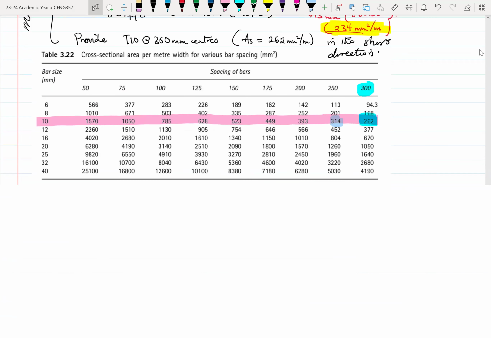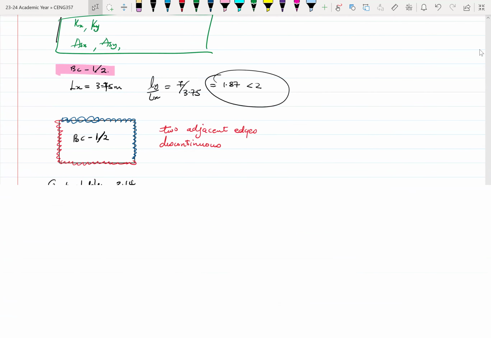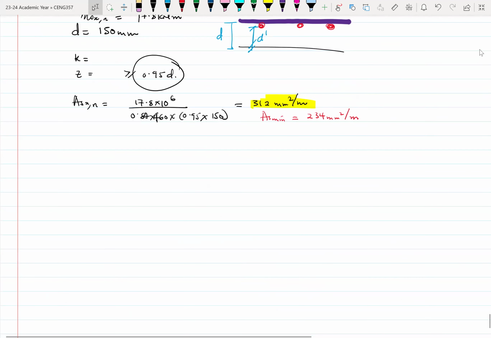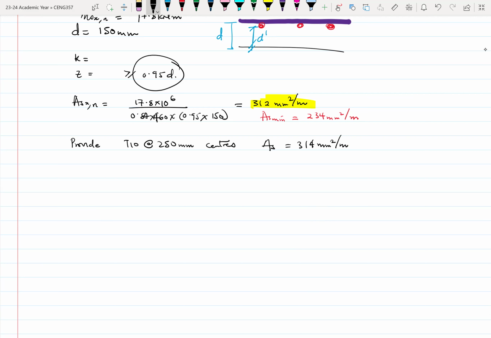So let's write provide T10 at 250 millimeter centers, where the area provided, AS, would be 314 millimeter squared per meter. And this is again in the short span.